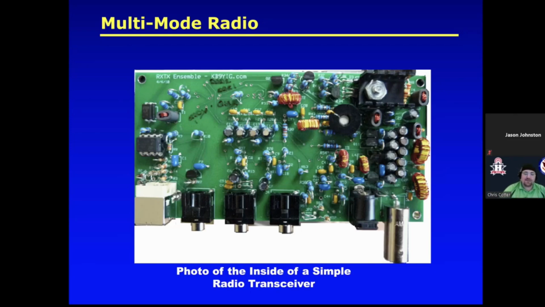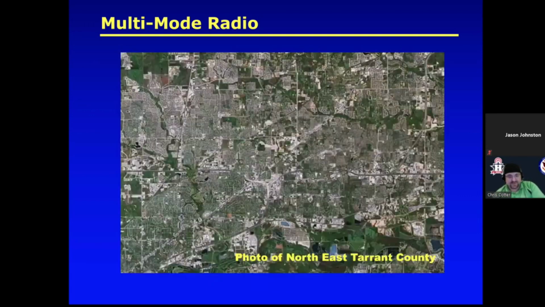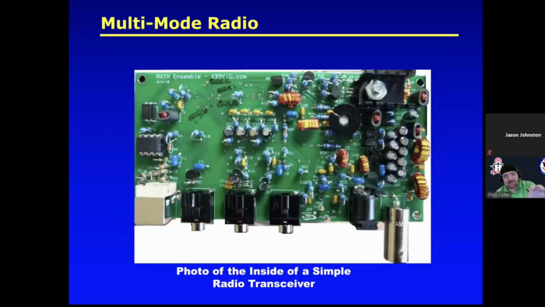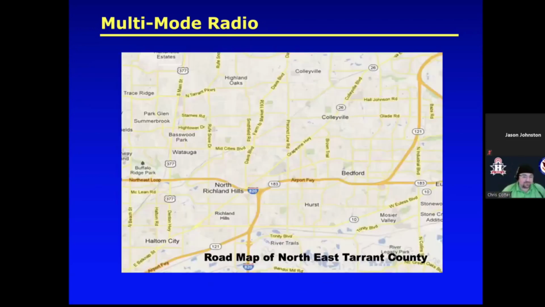So that is going to be the equivalent. That is basically a simple radio transceiver right here, and that's one way to look at that. So this is the same thing as this, as far as looking down at everything. Then we're going to look at this, which is going to be a road map.